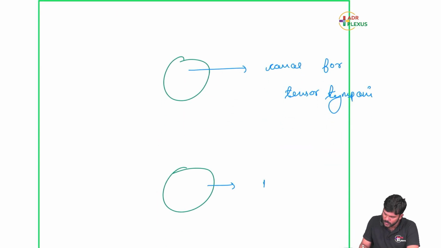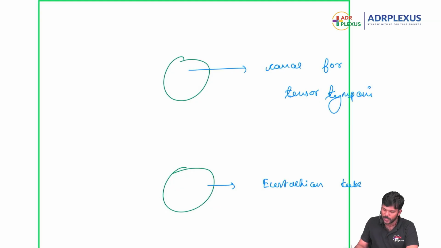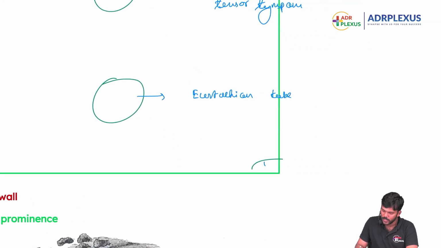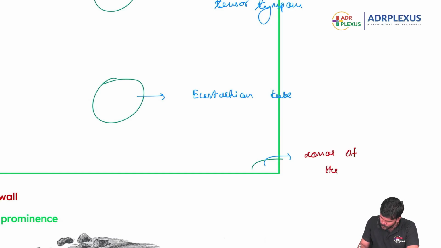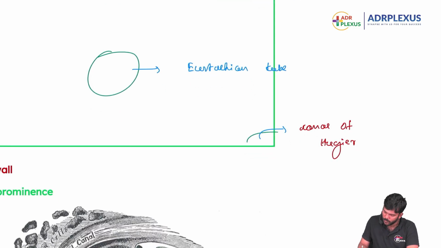The second canal is Eustachian tube. Third canal is canal of Hugier, the exit point for chorda tympani.